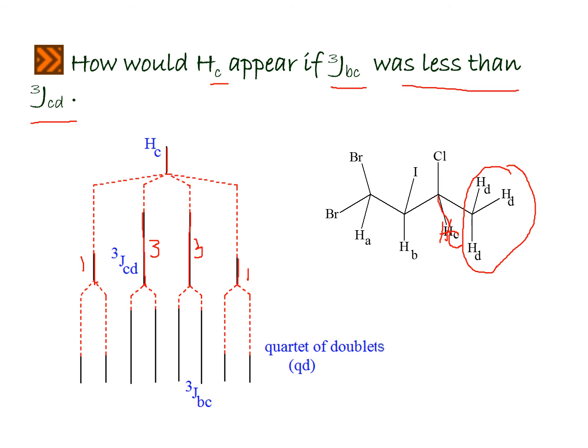Then each one of these lines will be coupled with HB as a doublet, so you get 1, 1, 3, 3, 3, 3, 1, 1 ratio. This we call a quartet of doublets, QD.